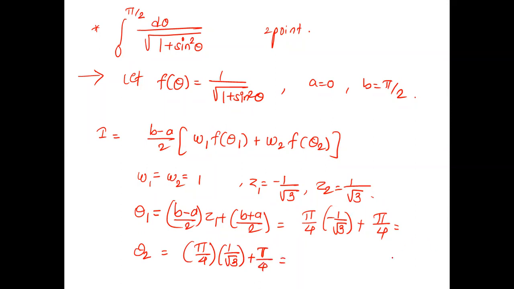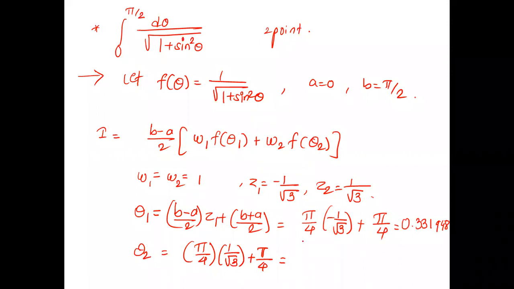What is theta 1? 0.331948. Correct? Find theta 2 also. 0.5773.